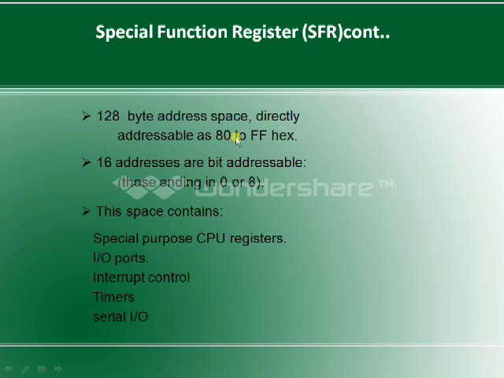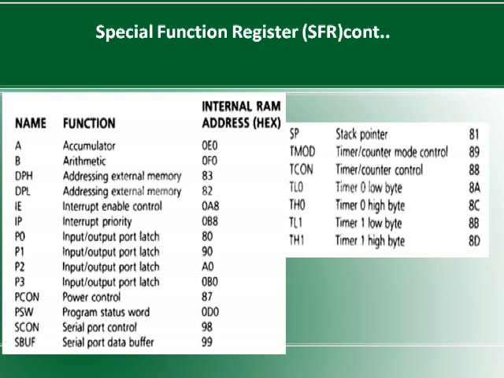Now the 128 byte address space is directly addressable as 80 to FFH. As I told you, they can be directly accessed with the help of their addresses. Out of these 21 registers, 16 are bit addressable. Those bit addressable registers are recognized by their addresses ending in 0 or 8. The registers whose addresses end with 0 can be accessed bit addressably, as well as those ending with 8.